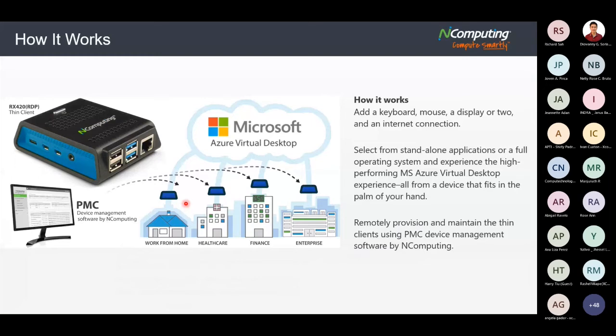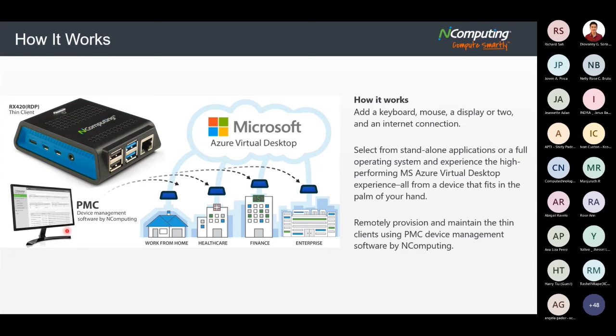Now, our RX series for AVD comes in two types, which are the RX 420 RDP and RX RDP Plus. It's very easy to understand. Basically, it's plug and play. Just add a keyboard, mouse, and a display or two, because one of our models, our RX 420, the one shown on the screen, is already natively dual display, with dual HDMI out of the box.